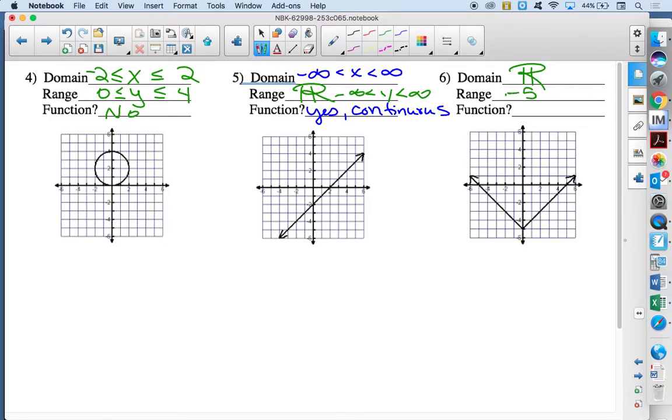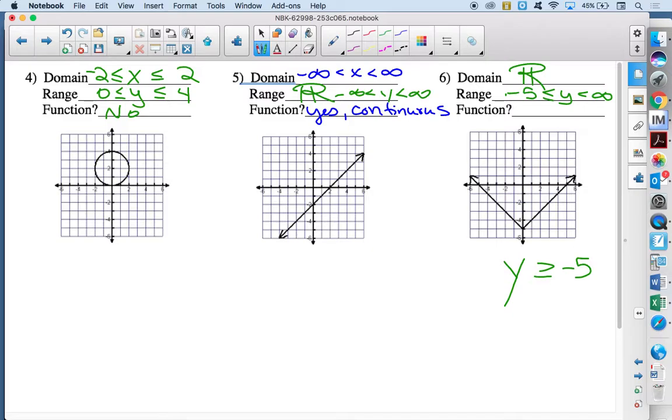And how high does it go? Yeah, it goes to infinity. So you could also say y is greater than or equal to -5. It's going to go on forever vertically. It just continues to get higher and higher and higher.